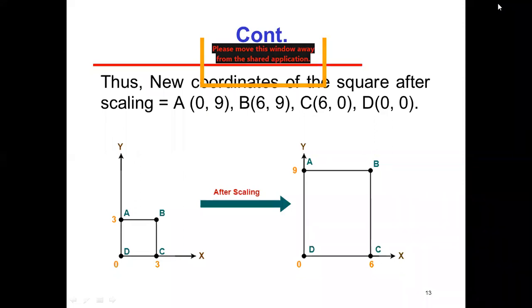So transformation is a sort of change in the object or the image.